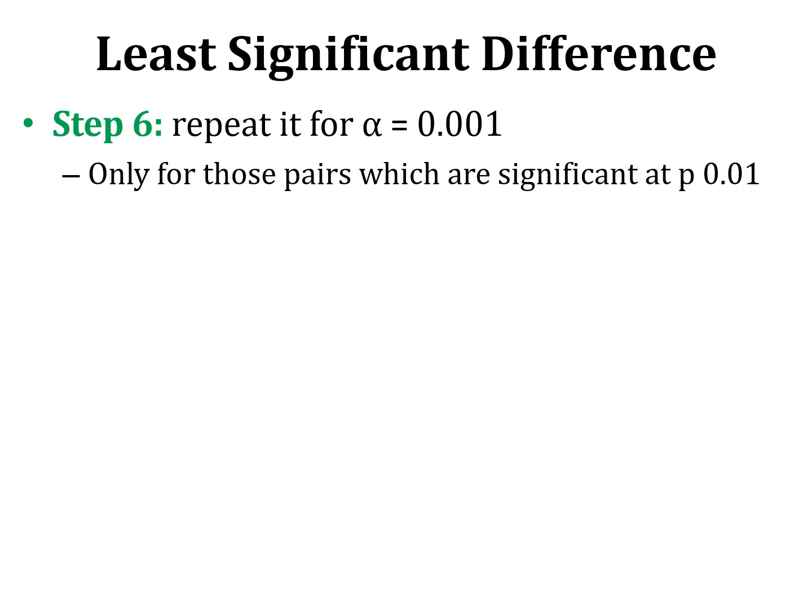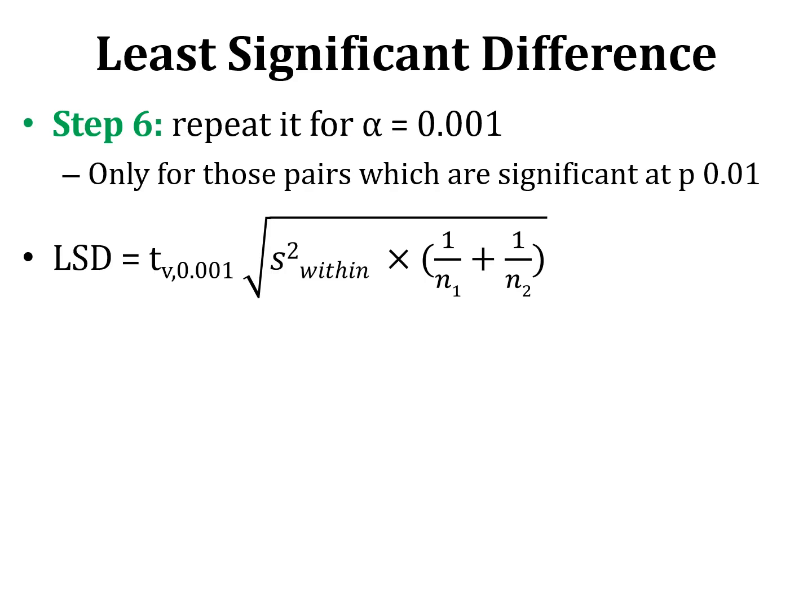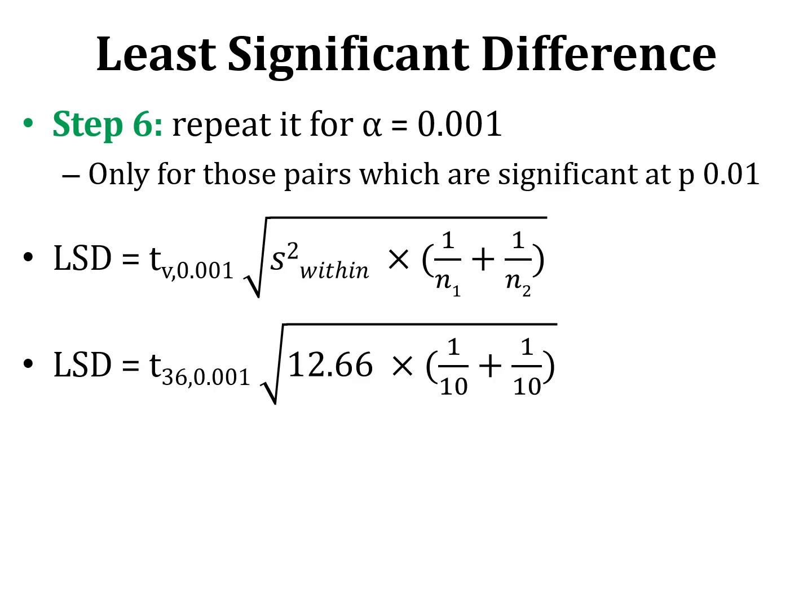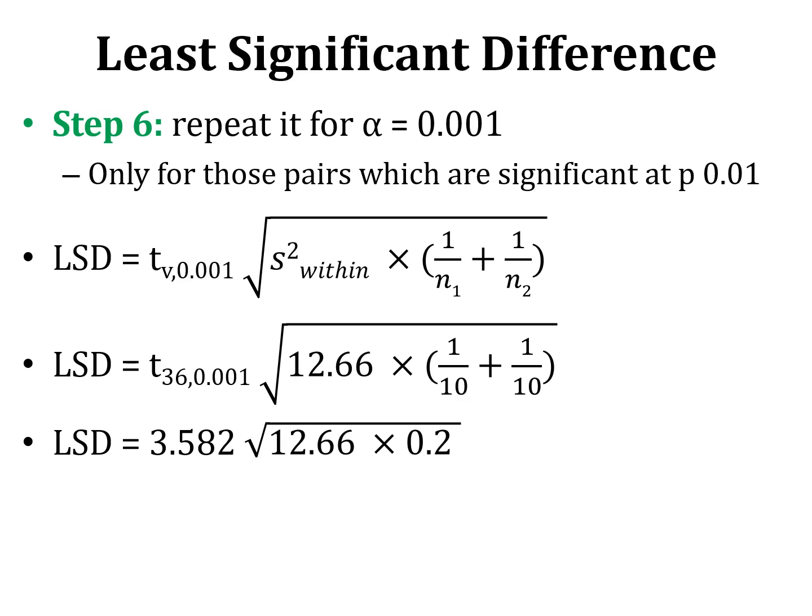So the next step is to repeat the LSD calculation for 0.001, but only for those pairs which are significant at 0.01, right? And this is the same formula that we are going to use, only the t-value is going to change, and that t-value at 36 degrees of freedom and 0.001 significance level is 3.582.